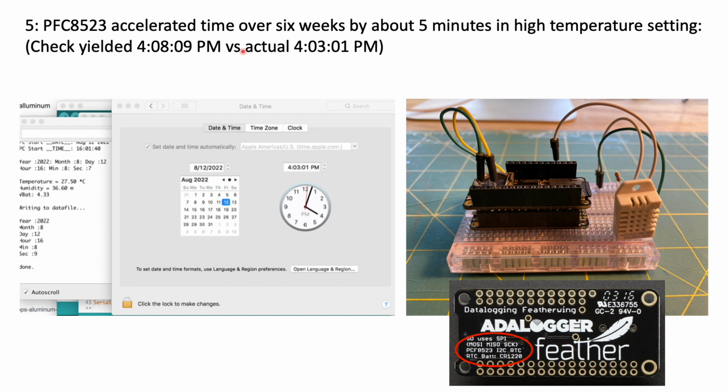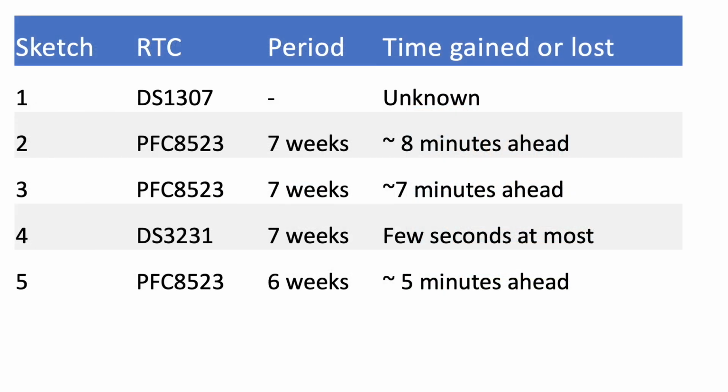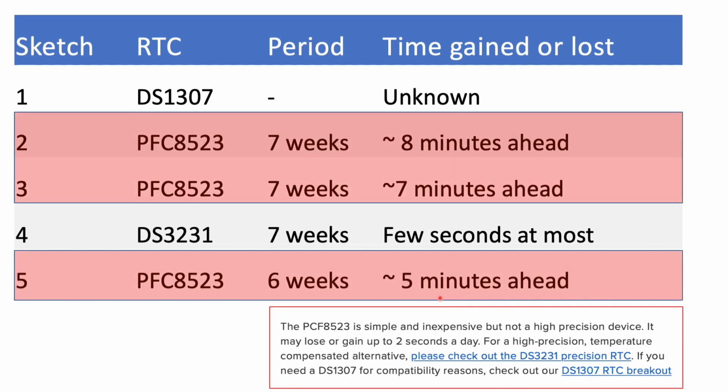And here you can see the difference between the two. And here's the tabled summary for all 5 chips. Again, here are the results showing that the PFC8523 accelerated time by quite a bit over the course of 6 to 7 weeks in a high temperature environment.